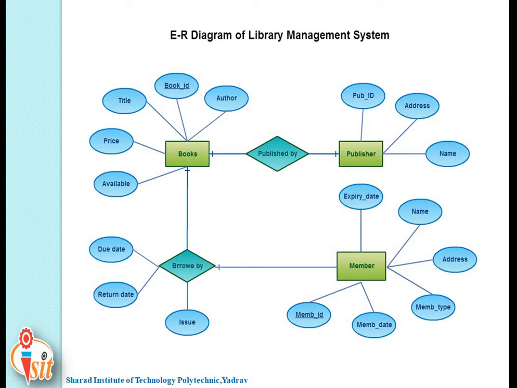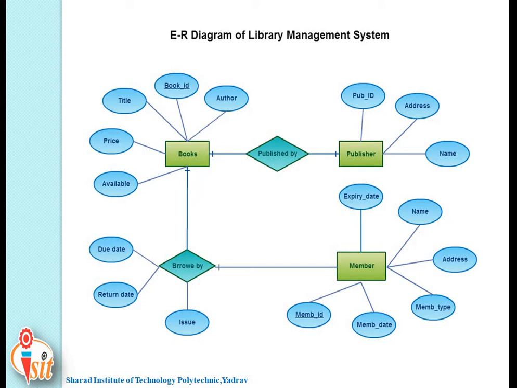Likewise, when you are going to draw an ER diagram of any system, first decide which are the main entities of that system and then take the various attributes of each entity. And you know the notations for an ER diagram.